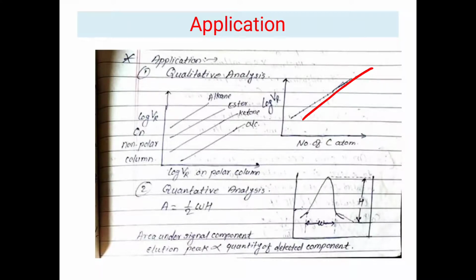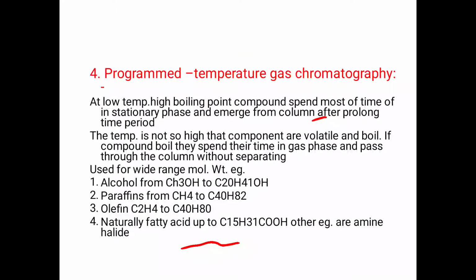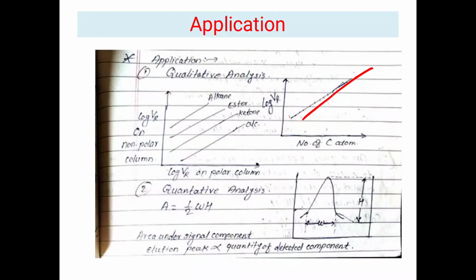The amount of sample can be detected from the area under the peak, the area under the signal of the components. The elution peak area is directly proportional to the quantity of the detected components. We find the area under the peak, that is area is equal to 1/2 W times H, where W is the width of the peak and H is the height of the peak.